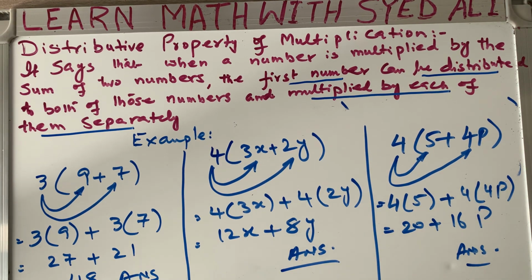Each of them separately means it goes into the bracket one by one and multiplies them separately, and then we can add. And it is not only addition but also subtraction. Whether there are 2 terms or 3 terms or 4 terms, we can go into the bracket one by one, multiply them, and then add or subtract separately.